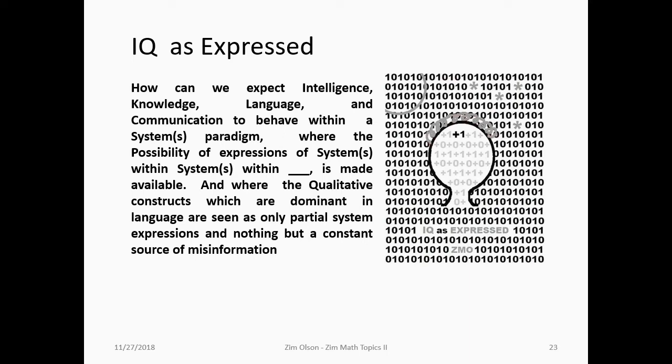How can we expect intelligence, knowledge, language, and communication to behave within a systems paradigm where the possibility of expressions of systems within who knows what is made available, and where the qualitative constructs are dominant in a language and are seen as only partial system expressions and nothing but a constant source of misinformation?